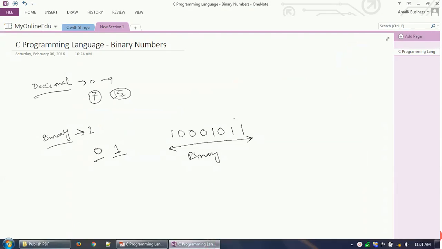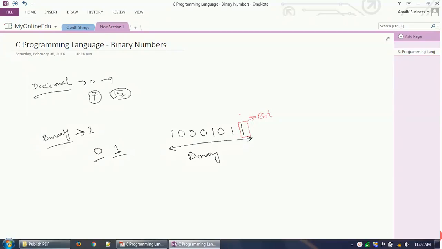Here, a particular digit is called a bit. For example, this one is called a bit. Then 8-bit data represents a byte.